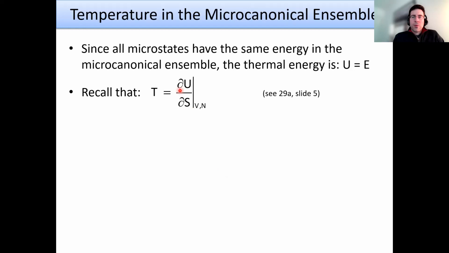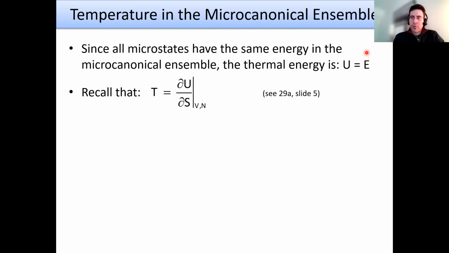Now, we can trivially see that the internal energy of the system is going to be equal to this energy. Sometimes I refer to this as internal energy, sometimes as thermal energy. For our discussions, it's the same thing. So U is equal to E, right?